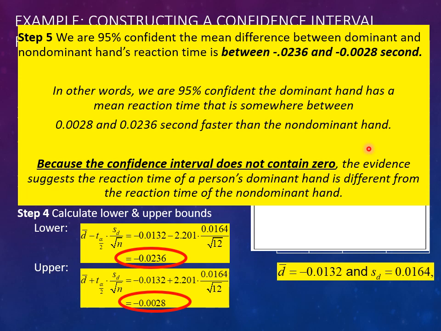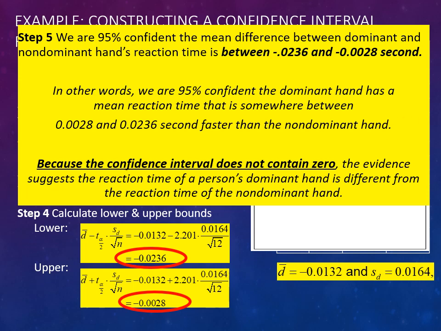It sometimes is difficult to understand. But notice what this is saying is that we are 95% confident the dominant hand has a mean reaction time that is somewhere between 0.0028 and 0.0236 seconds faster than the non-dominant hand. And so that middle phrase is much easier to understand.